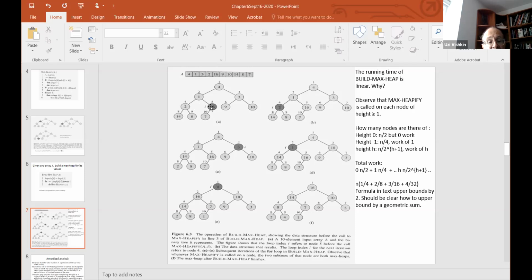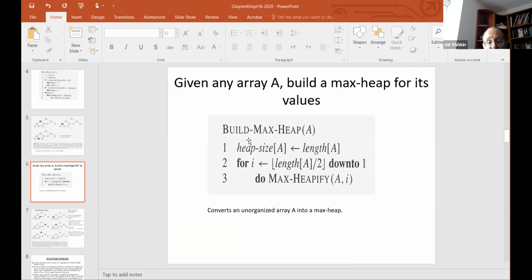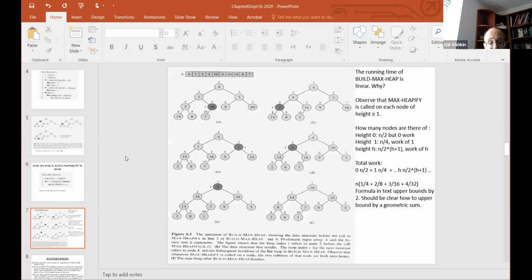And just to clarify, observe that node 5 fits here a condition of length A, which was 10, divided by 2, floor. Length A was 10, divided by 2 is 5. So I start this iteration with the value 5, and I do max heapify on the node at this location, which is location 5.